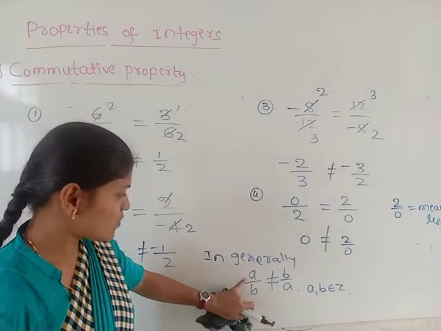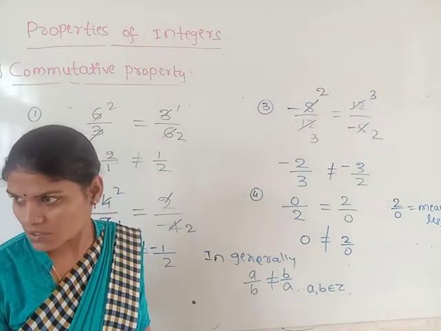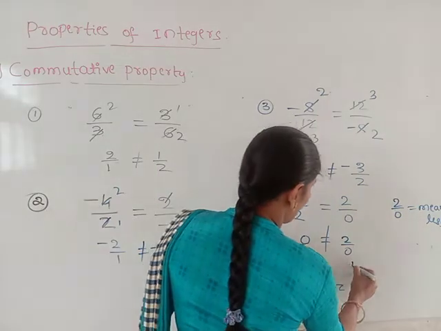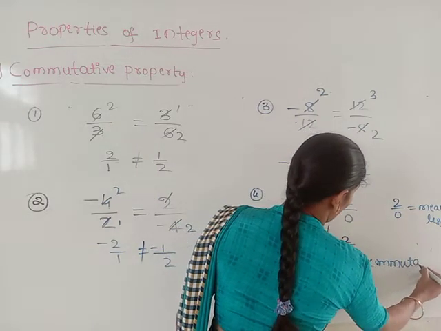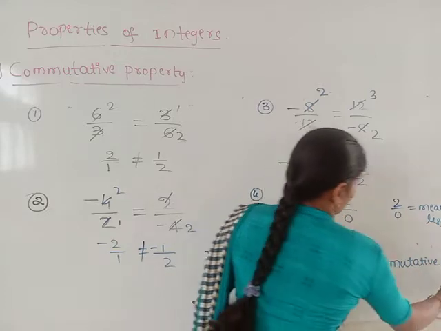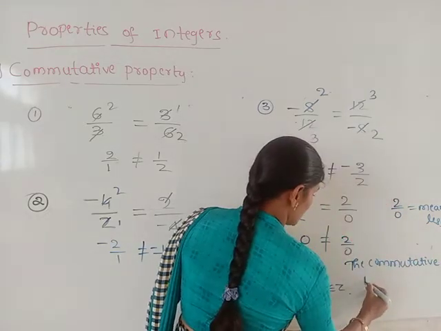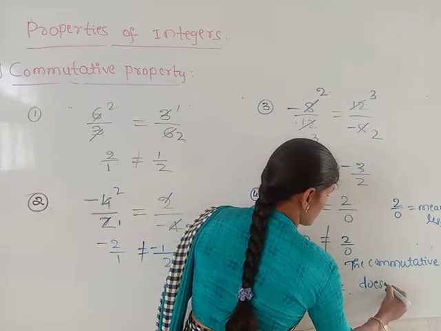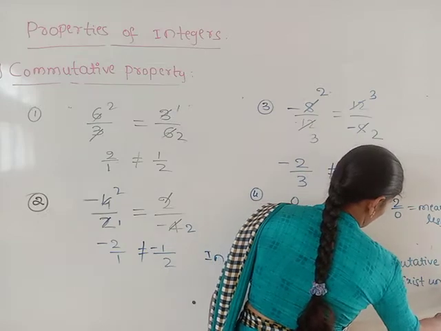If you change the numerator and denominator places, the answer is not equal. So the commutative property does not exist for the set of integers under division.